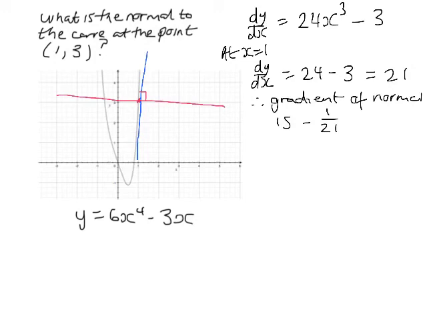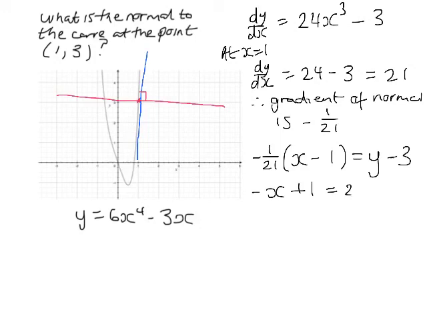So now we can use our formula for finding the equation of a straight line. We've got the gradient, and we've got a coordinate 1, 3. So it's going to be negative 1 over 21 times x minus 1 equals y minus 3. And tidying this up, we're going to have negative x plus 1 equals 21y minus 63.